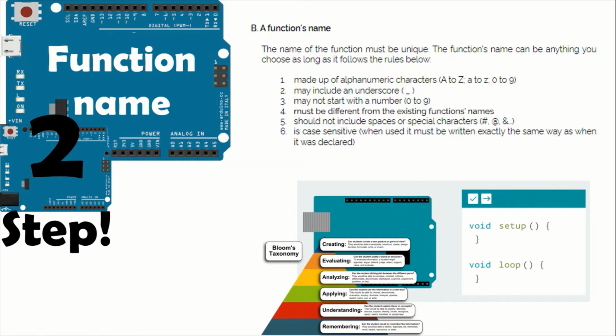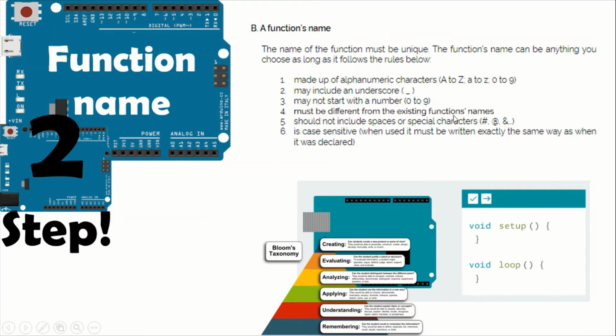First of all, it should be characters from A to Z, capital or small, and from 0 to 9. It may include an underscore, that's fine, but you cannot start with a number when giving a name to your function. It must be different from an existing function's name, so you cannot call it setup again, or call another function loop.